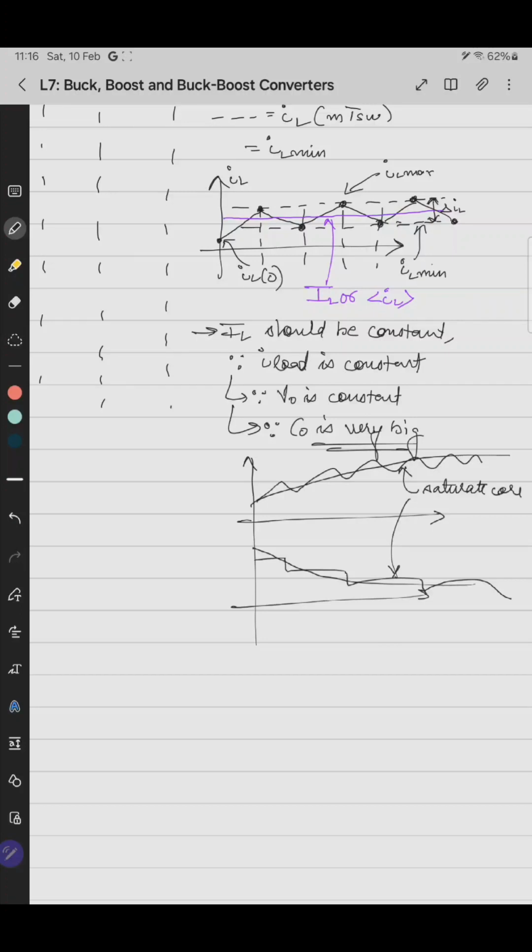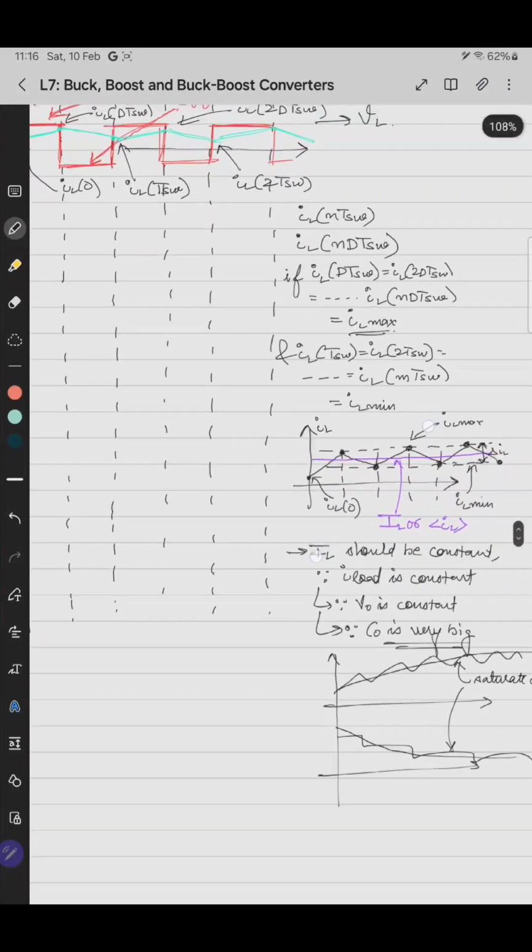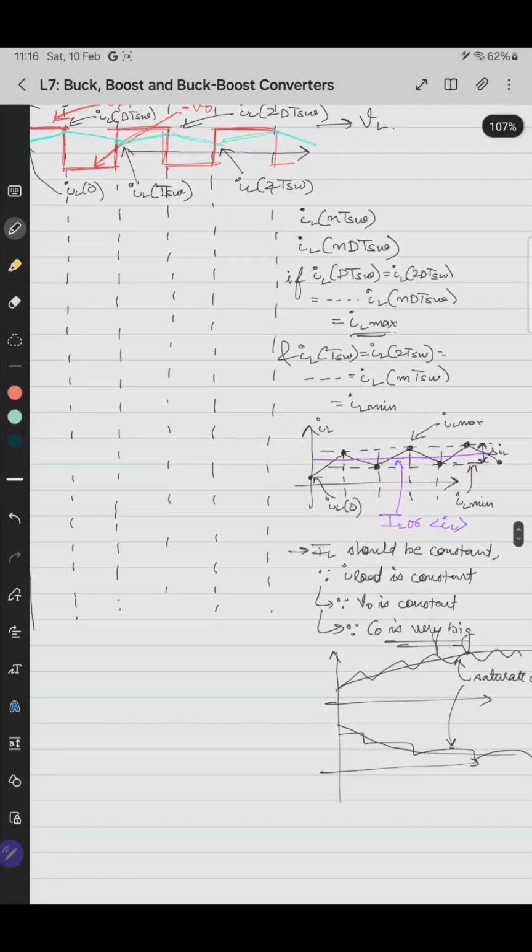So we do not want that. If the core is saturated, it means that the inductor will behave just like a short circuit. It will lose its inductance properties. So that's why the rate of change of energization and de-energization of the inductor should be constant. Now what does it mean?